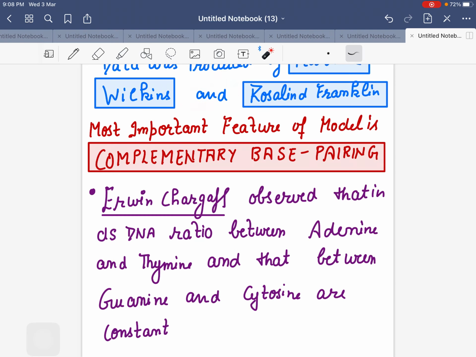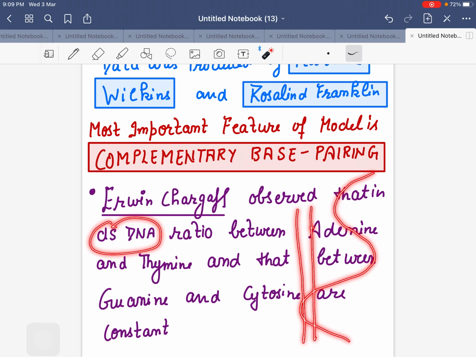The most important feature of the model was complementary base pairing, and the base pairing rule was given by Erwin Chargaff. He observed that in double stranded DNA, double stranded matlab this is one strand, there is a second strand. Now how are the two attached? We are saying they are present in the helical form. So how are they attached?